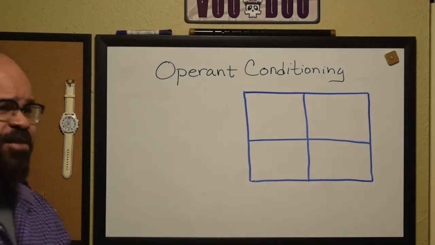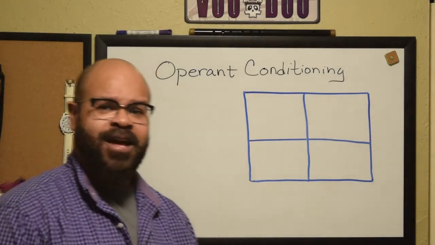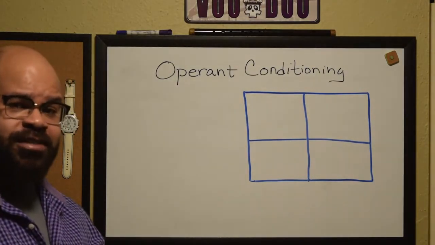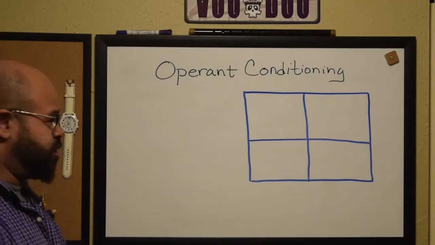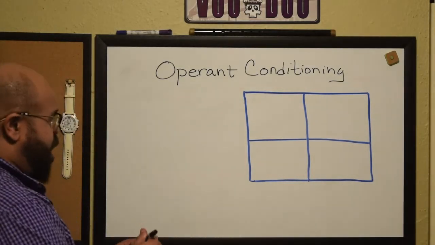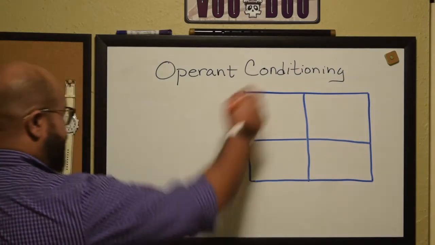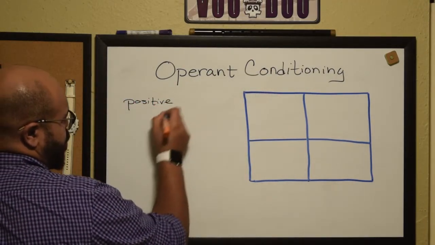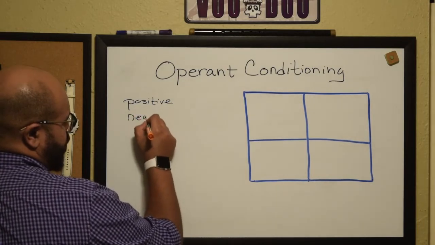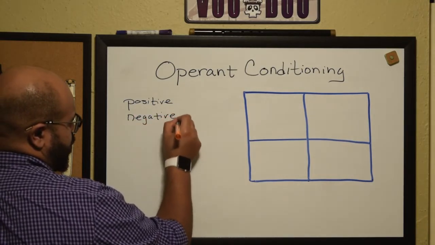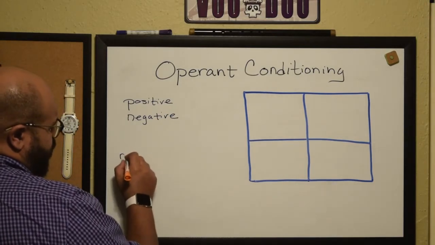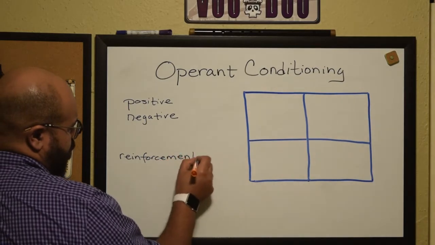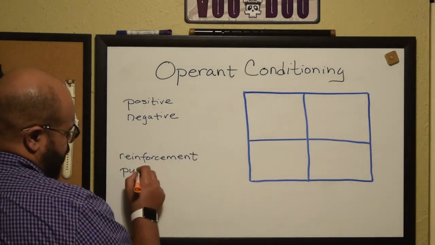You can already see I've got my 2x2 matrix drawn up. There are going to be two sets of two terms similar to classical conditioning, except these terms will be different. The terms that we have for operant conditioning include positive and negative, and reinforcement and punishment.